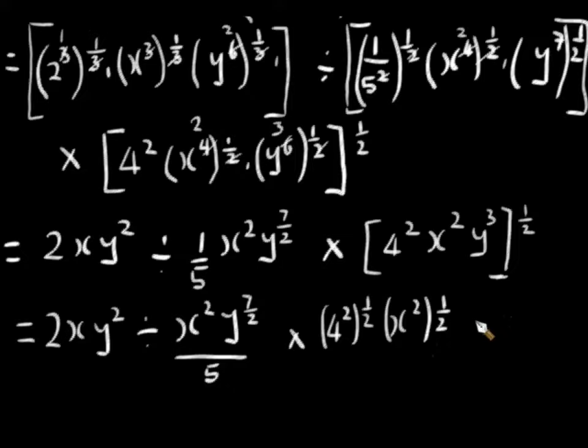Now let me lift this up a bit. Here we also have y cube getting its own power of 1 over 2. So you notice that the powers here cancel out, the powers here cancel out, and the powers here also cancel out. So this can't cancel out directly, so we leave it exactly the way it is.